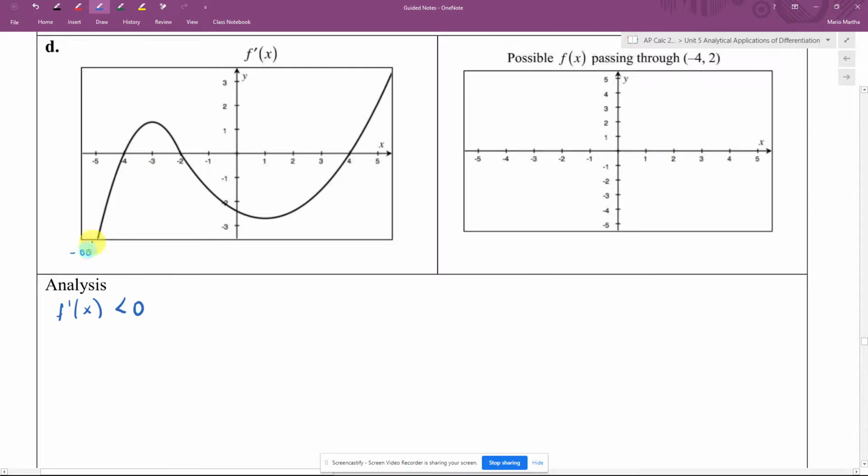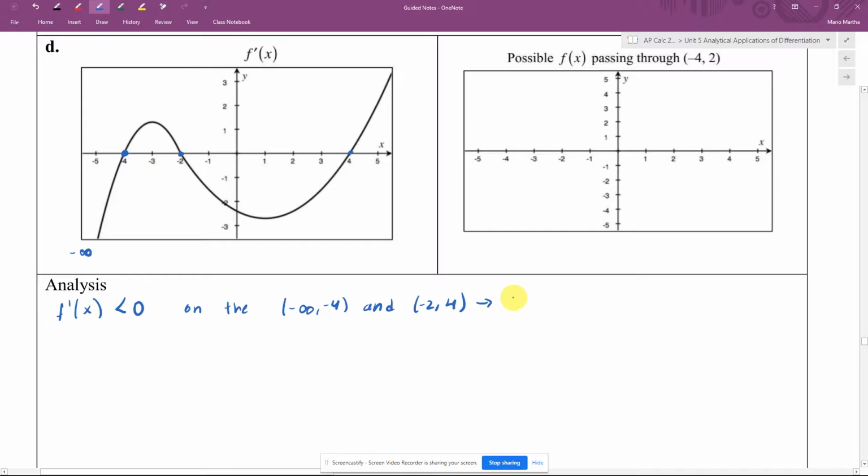So starting off, if you notice, we have that f prime of x is negative, less than 0, when we go from negative infinity all the way up to negative 4 right there. And then it's also negative from negative 2, right? Still decreasing. That means that f of x is decreasing from negative 2 to positive 4. So here we're going to say that f of x is negative on the intervals negative infinity to negative 4 and from negative 2 to positive 4.